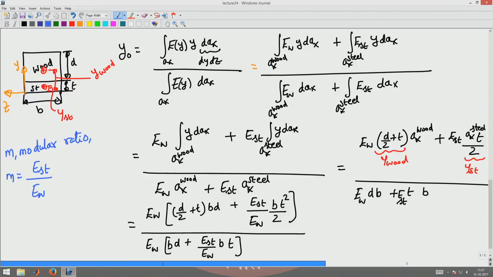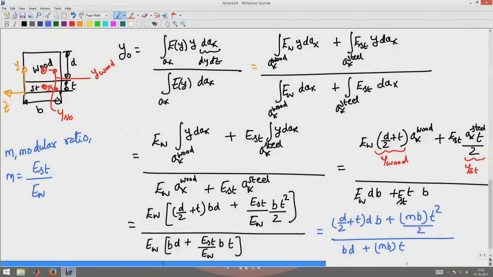Then I can rewrite this equation as d by 2 plus t into d b plus m times b into t square by 2, divided by b d plus m times b into t.